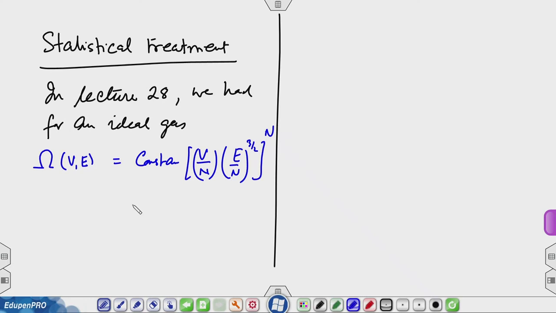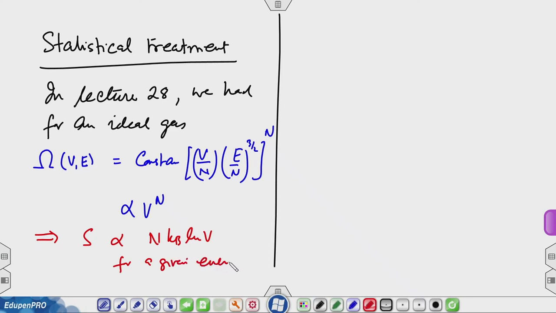So, proportional to V raised to n. And this implied that entropy was proportional to n kb log V for a given energy E.